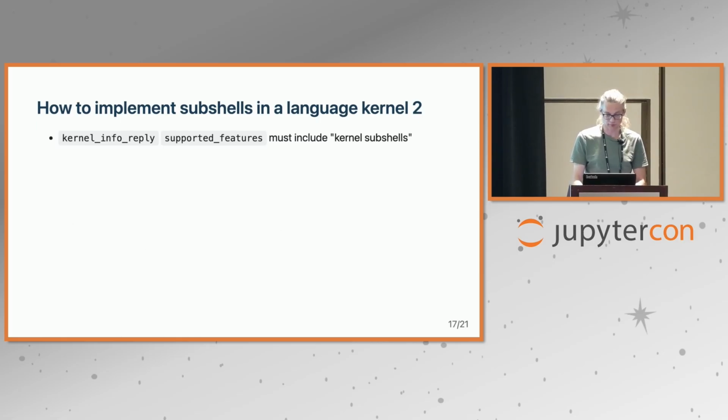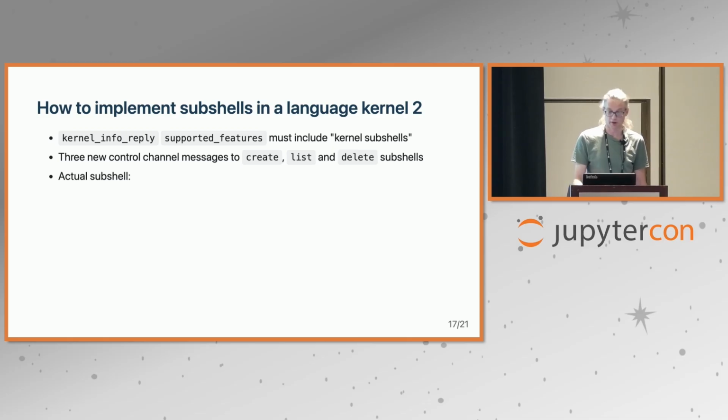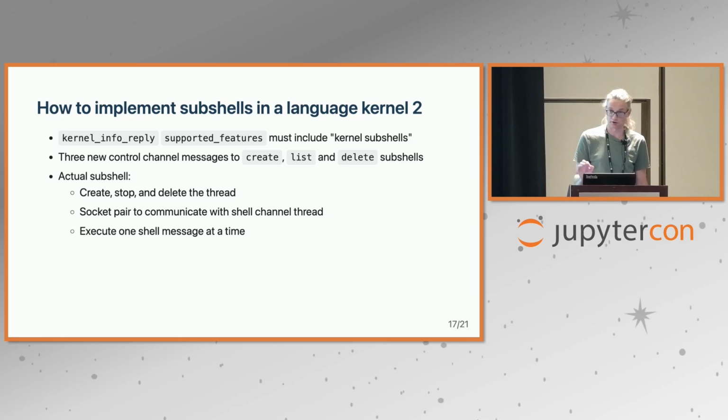The actual subshells: the kernel info reply has to advertise the fact that subshells are supported. You need three new control channel messages: create, list, delete subshells. You've got to actually implement the create and delete and stopping of the subshell threads. Socket pairs from each subshell through to the shell channel thread for exchange of those messages. Execute one message at a time. Care is needed with data that previously was cached per kernel, which is now not correct.